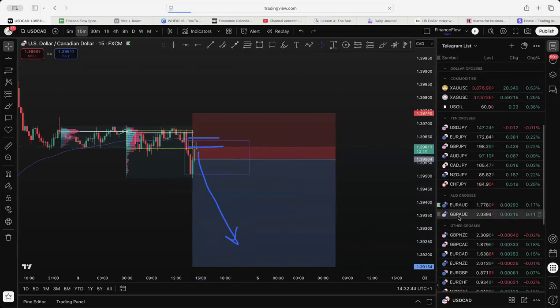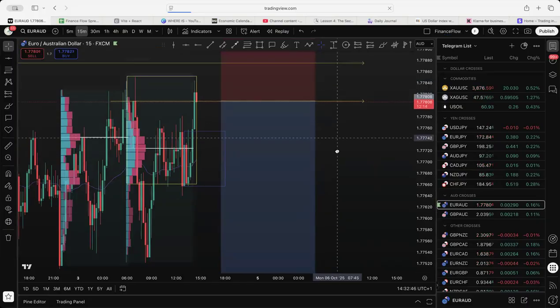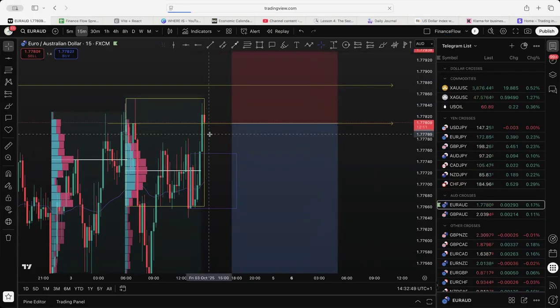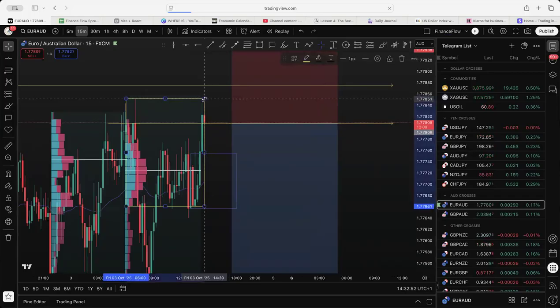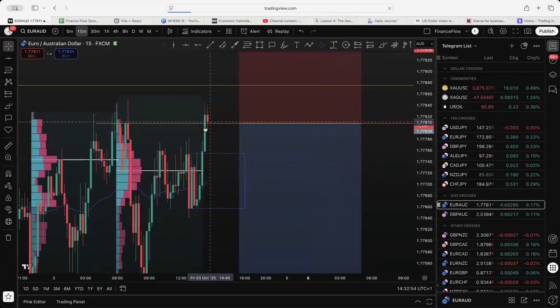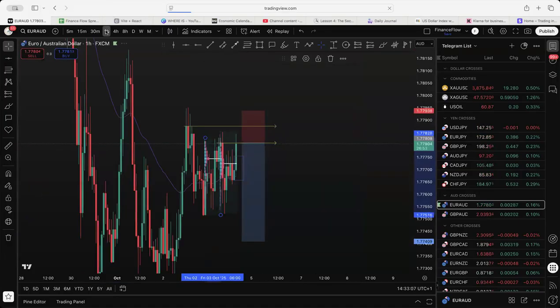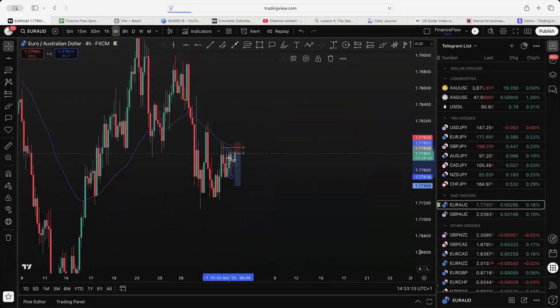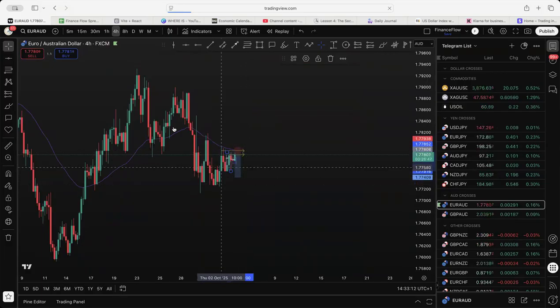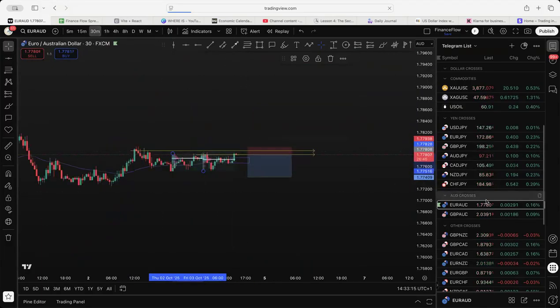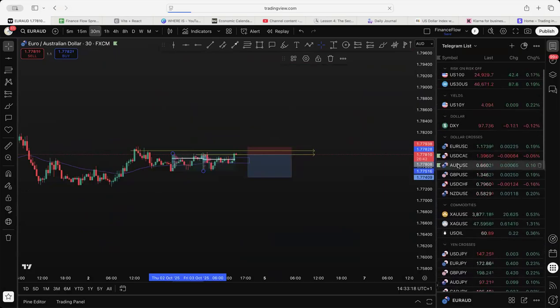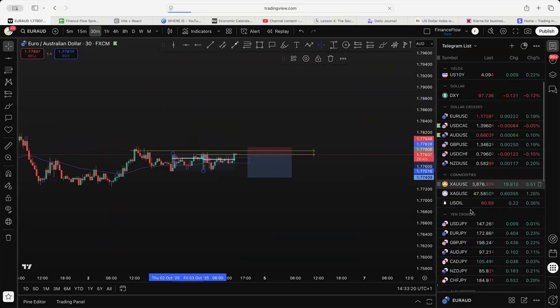And then we've got Euro AUD, where we want to see what happens round here. Are we going to reject and continue, or are we going to break, retest, and then continue to the downside? Again, overall trend is our friend here. So we should be seeing a little bit of a tail off here. So those are my three picks: Euro AUD, AUD USD, and USD CAD.